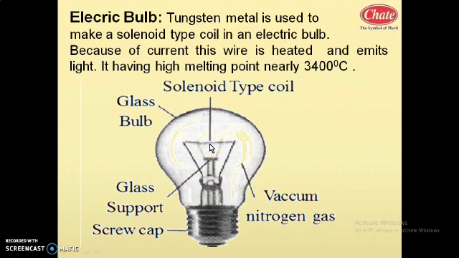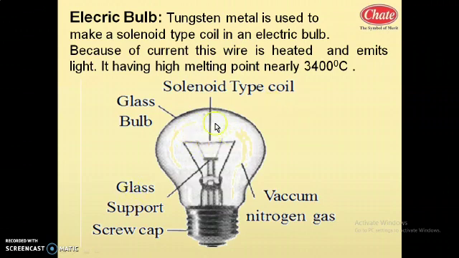The electric bulb uses the metal tungsten. Why is tungsten used in the electric bulb? We will see in the description, as it has a very high melting point, and before melting it starts emitting light. This is a glass bulb, so that light will come from the filament to outside.